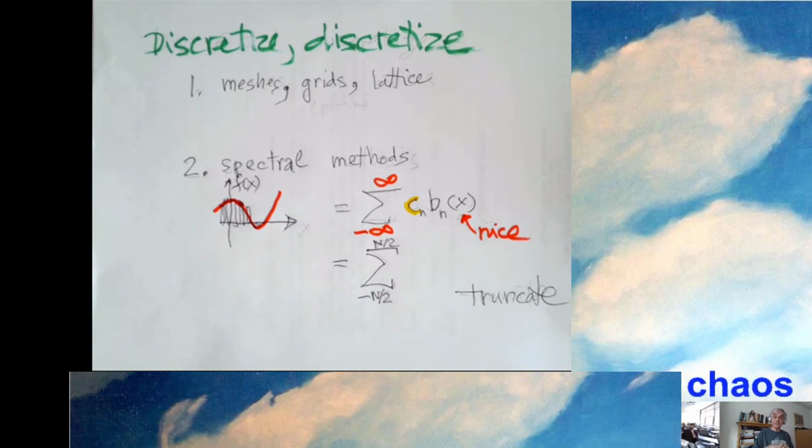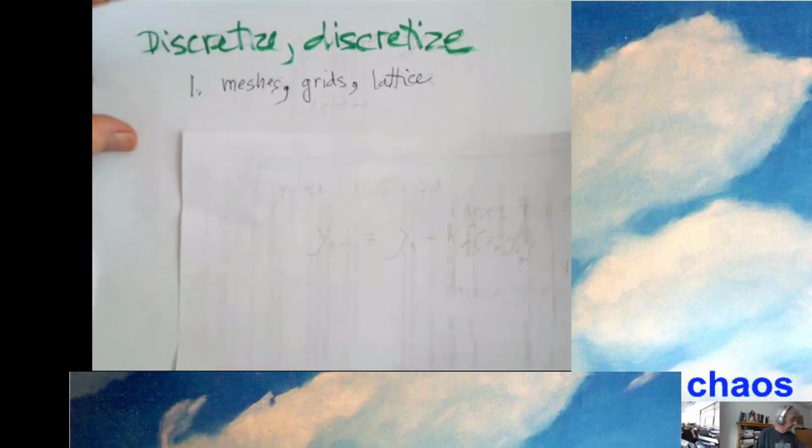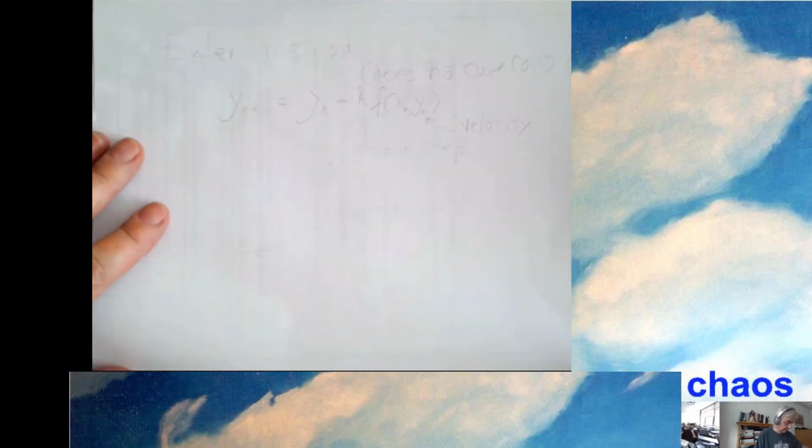If you have nasty boundary conditions, you might not be able to avoid this. So then you live with it, but you have to be aware of the following thing.